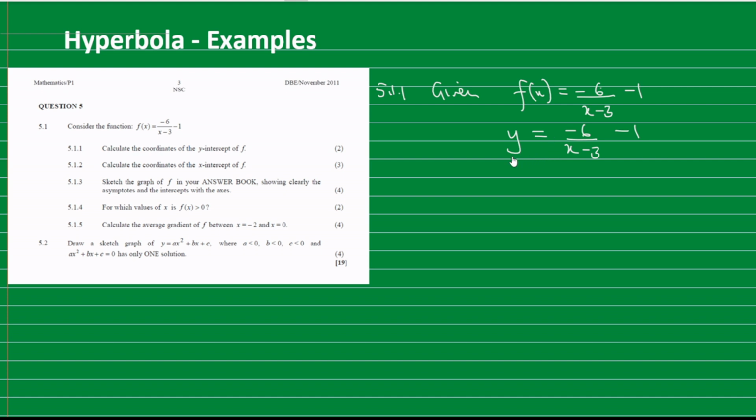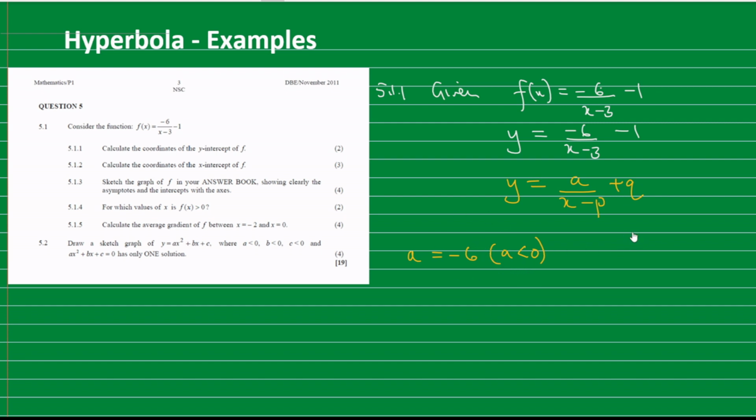One, let's look at our general format. Once more, it says y is equal to a over x minus p plus q. Now what does that tell us? Our a is negative 6. So if our a is negative, our a is less than 0. What does that tell us?